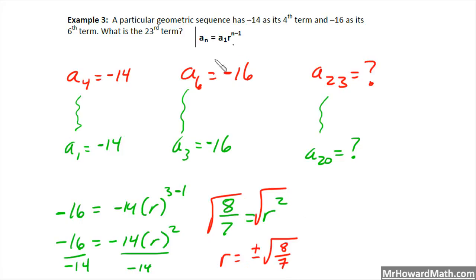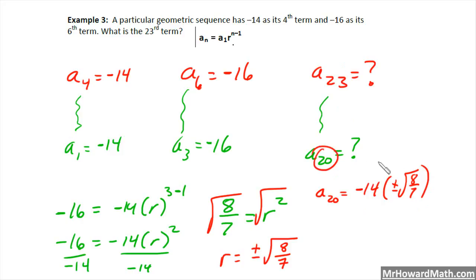Now we can take that information and plug it into the formula again to find the adjusted 20th value. So our adjusted 20th value, which is actually the 23rd from the original, is equal to our adjusted a sub 1, negative 14, times the plus or minus square root of 8/7, all raised to the n minus 1 power.